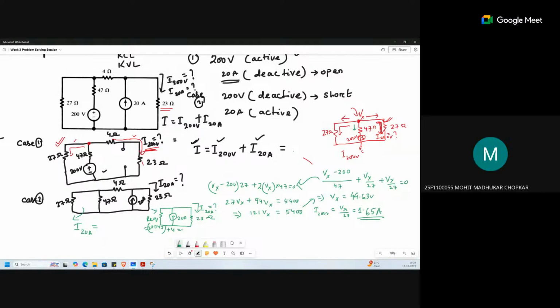I think this will give you 27.5 ohm. Just verify.